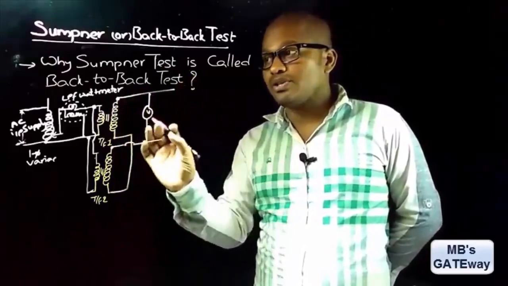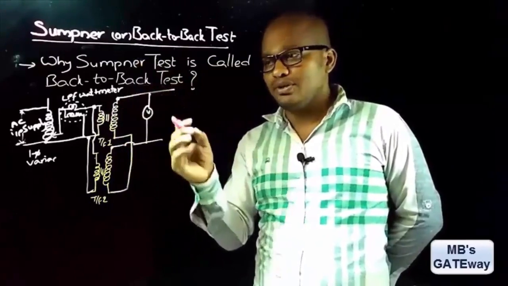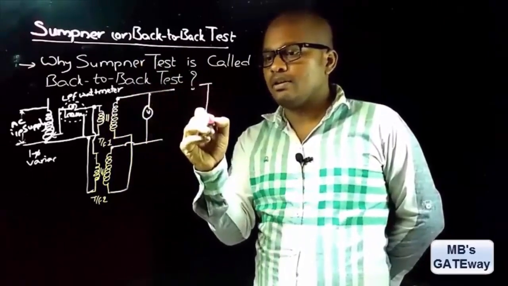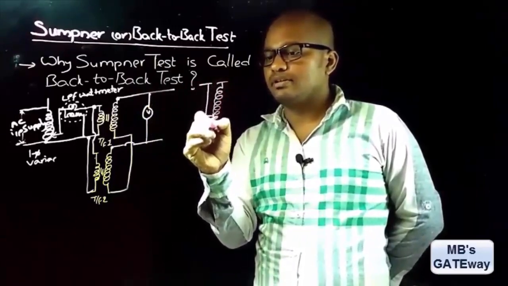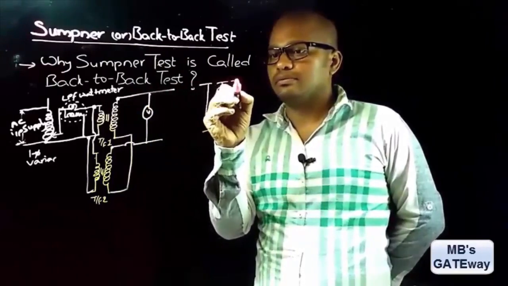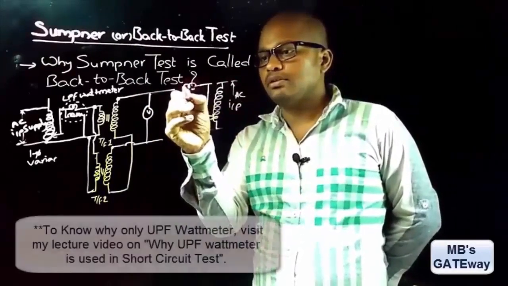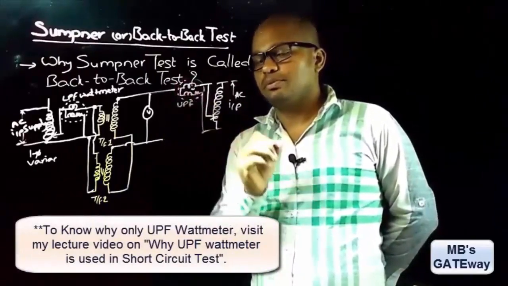Now our focus is why Sumpner's test is called the back-to-back test. The secondaries are supplied from an auxiliary source, here a single phase variac, and this input is measured using a UPF wattmeter.